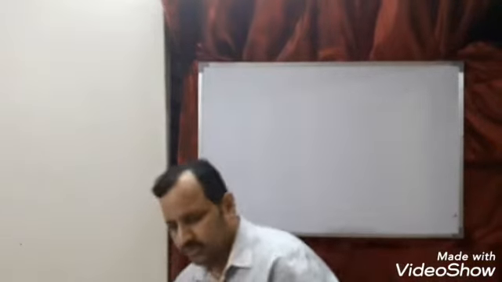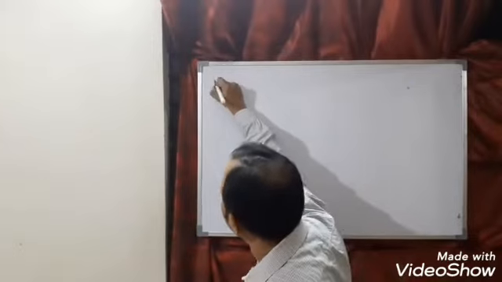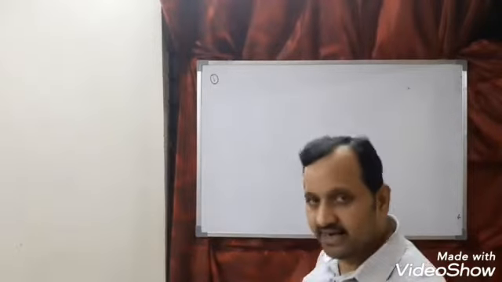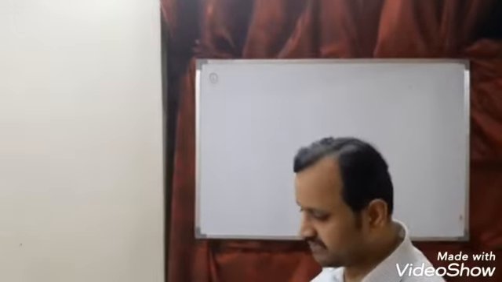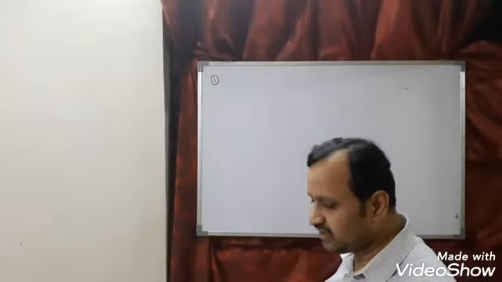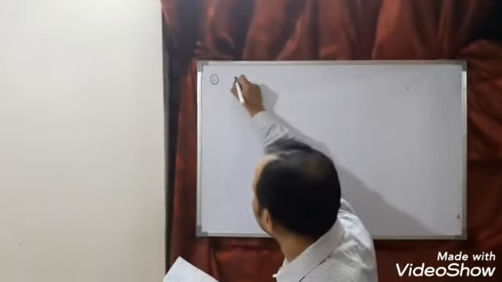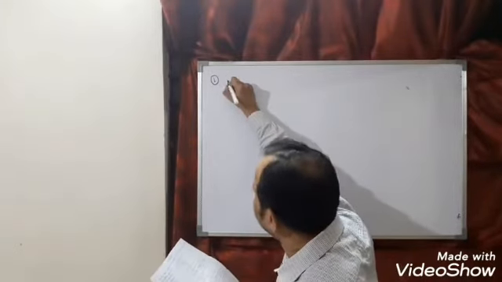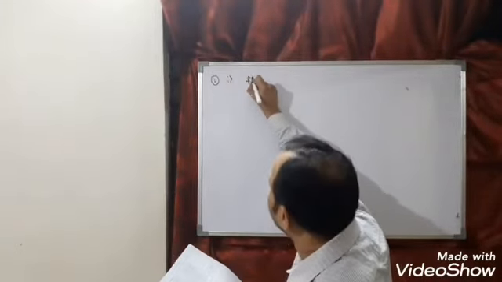So again, let us apply the second derivative test. Question is, find the maximum and minimum values if any of the following functions given by. Question number 1, first bit is f of x is equal to 2x minus 1 whole square plus 3.